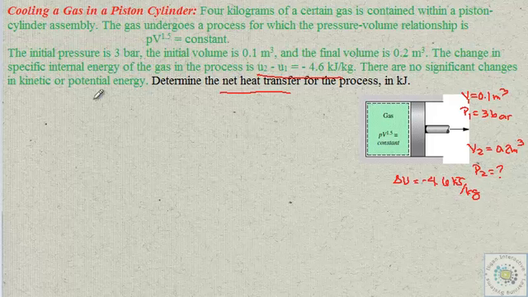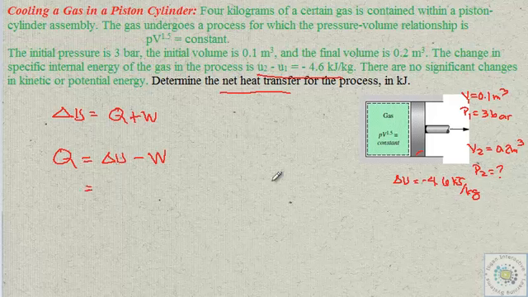But anyway, for this closed system, which is not accelerating, we can always use this general equation: delta U is equal to Q plus W. If we're looking for Q, then Q will just be equal to delta U, the change in internal energy, minus W. The change in internal energy is not that difficult to calculate.